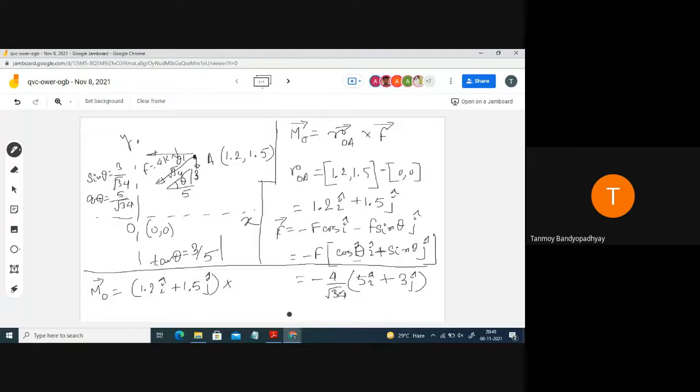Okay, so that scalar part you can separate. Whenever you are doing the calculation, that scalar part you can separate and just work with the vector parts. So 5i plus 3j. I think that you can at least now do it at your home. So this one is minus 4 by root 34.